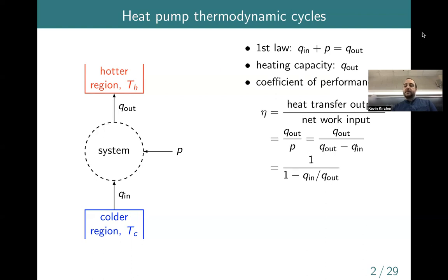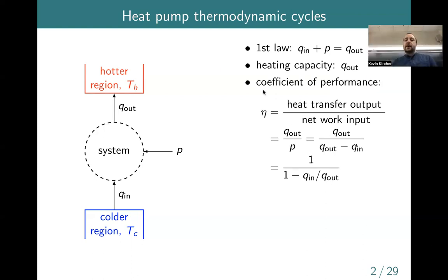Okay, so the coefficient of performance, and here I'm using the symbol eta, which typically denotes an efficiency. And an efficiency is typically normalized between 0 and 1. But here I'm using the same symbol to denote the same thing, the ratio of the heat transfer output to the work input.